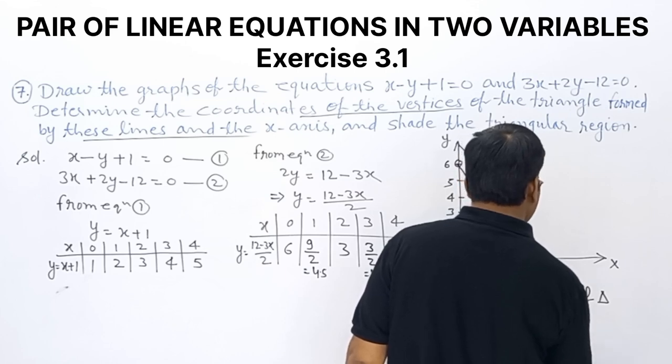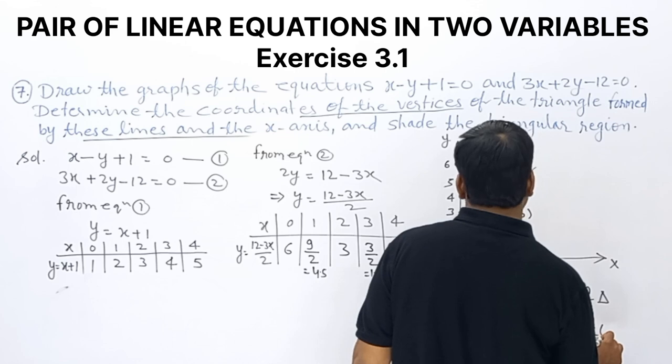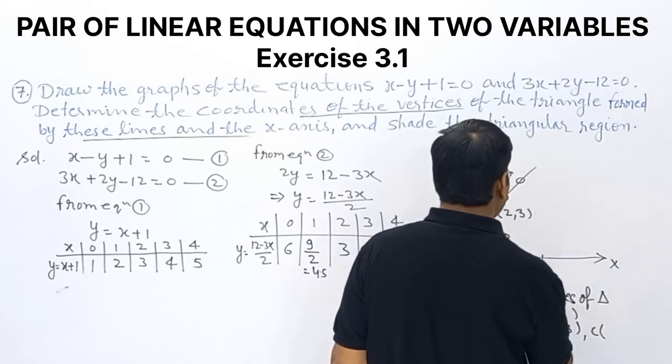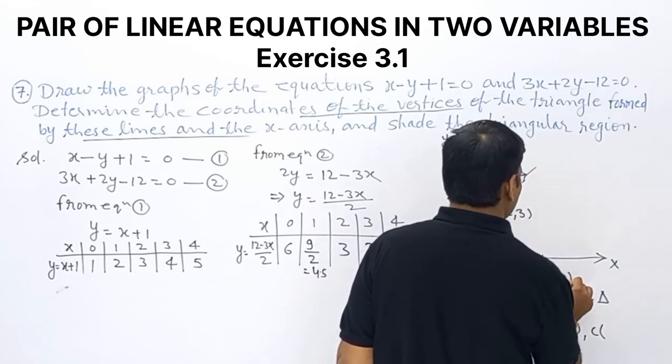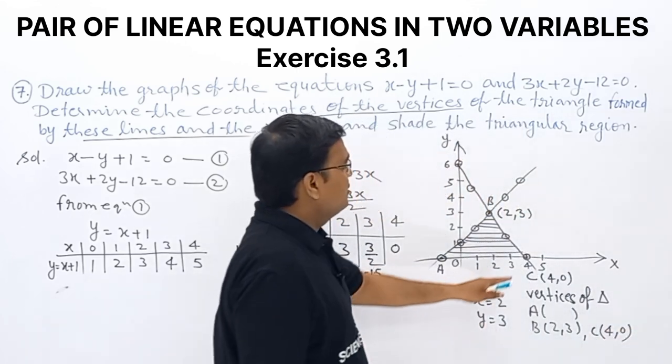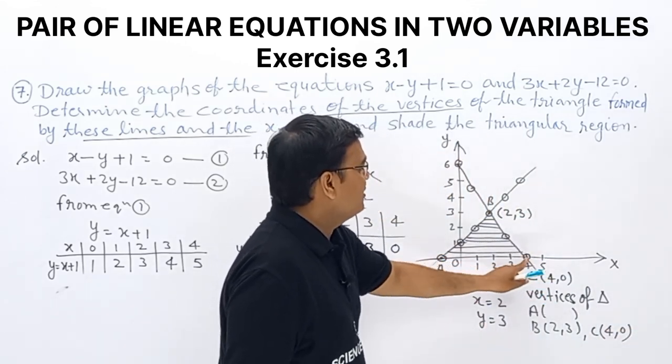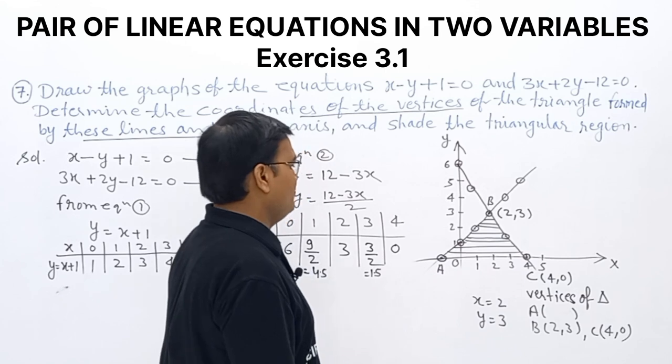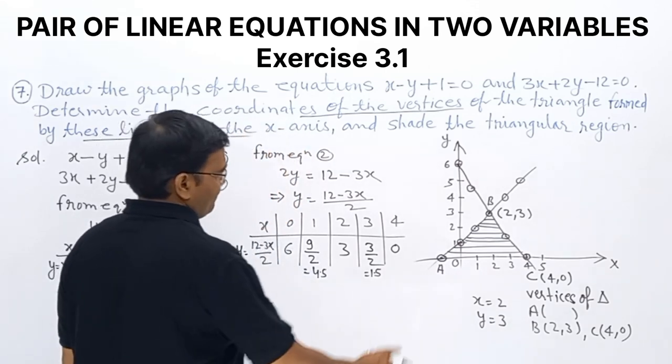B is (2, 3), and C is x equals 4 and y equals 0, so (4, 0). 4 is the x coordinate and the y coordinate is 0.